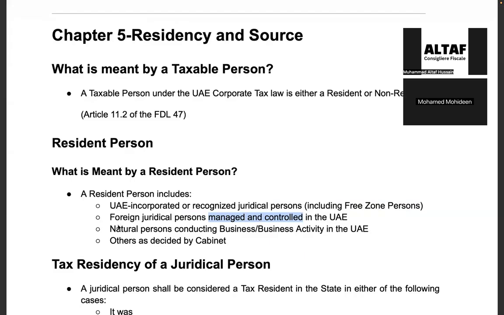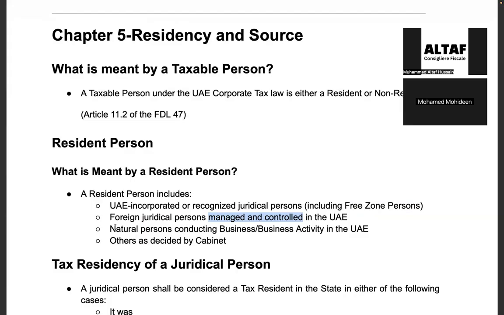Okay. So these two we had earlier on seen as juridical persons, right? Why? Because one more important point that we should always remember is that a free zone person can never be a natural person. It will always be a juridical person. The third category is natural persons conducting business or business activity in UAE.